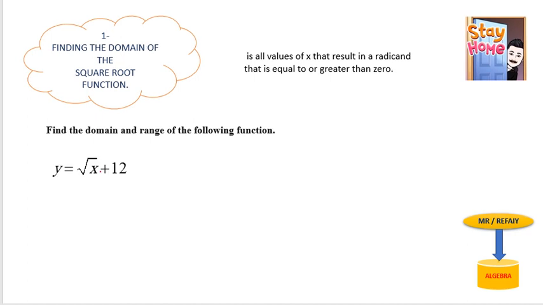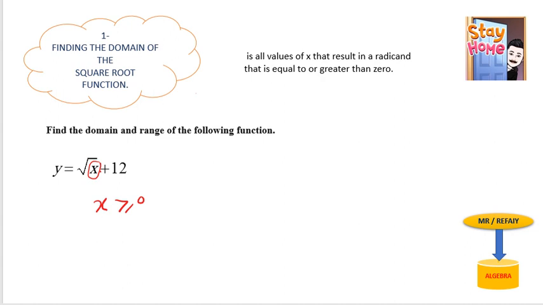The first function here is y equals root x plus 12. How to get the domain and the range at this time? We have to take the value of the radicand and form an inequality: more than or equal to 0. So what are the values of x that make this inequality happen?